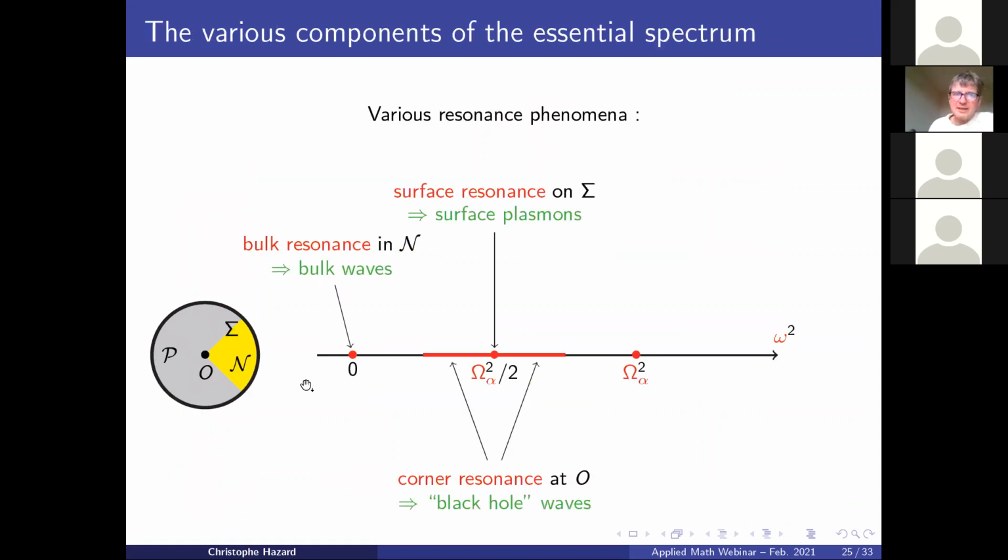And what is really interesting is to see what kind of resonance phenomena is associated to these different parts of the essential spectrum. First, for 0, actually, I will have exactly the phenomenon of resonance which I talked about in the first part for homogeneous cavities. We have in that case an accumulation of eigenvalues, accumulation of the discrete spectrum near 0.